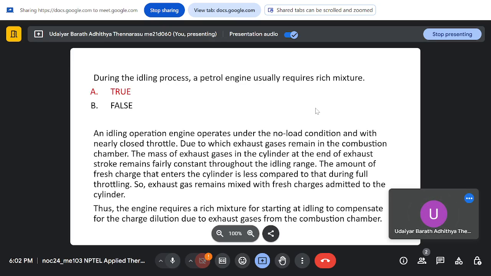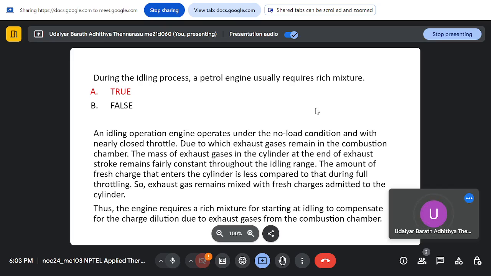Now, going to the idling process. Idling is when there is no load condition. Your engine is operating without load, and your throttle is nearly closed. You can say this is when you are at a signal, and your car or bike is kept on but you are not running.